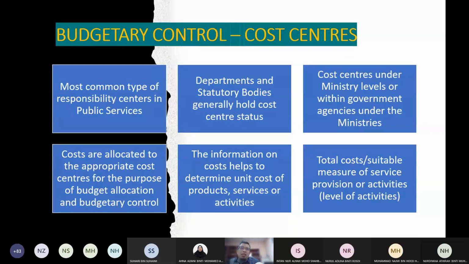For instance, in the hospital, Malaysians and non-Malaysians are charged differently. You can see they have the costing system to develop the basis of their charges. For Malaysians, it's heavily subsidized. Even for non-Malaysians, it's heavily subsidized.